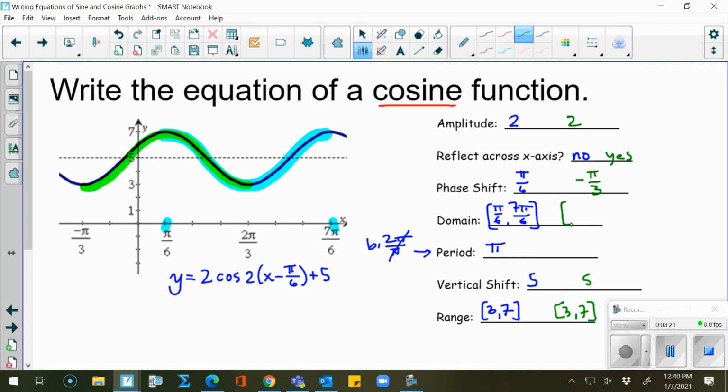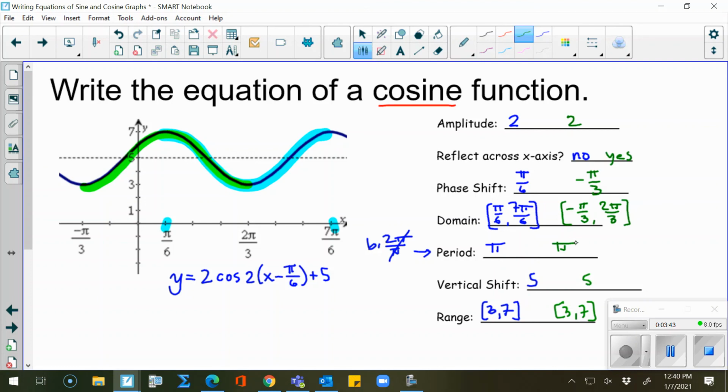That makes our domain slightly different, from negative pi over 3 to 2 pi over 3. But if you subtract those, 2 pi over 3 minus a negative pi over 3 gives you 3 pi over 3, or pi. That should not change.